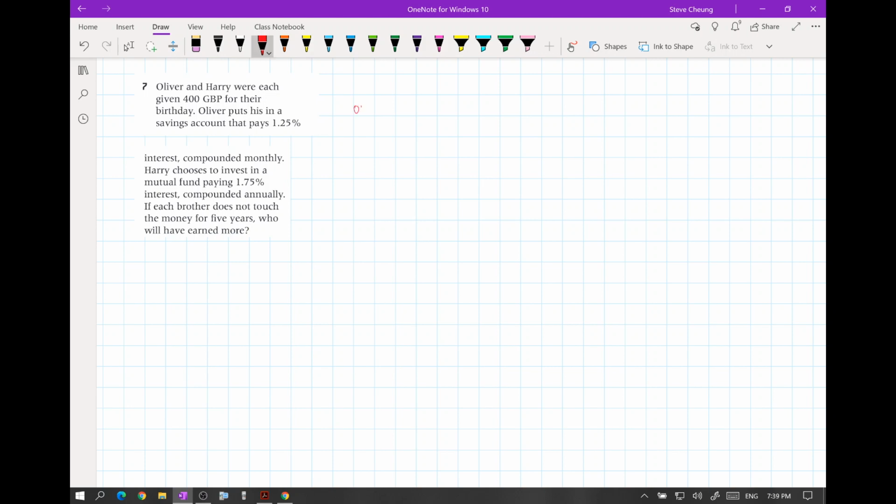So let's do Oliver. He has 400 at a rate of 1.25, but monthly. So they both got to leave it for 5 years. And for Harry, it will also be 400. The rate is different. Also, this is on an annual basis, so just raise it to 5 here.